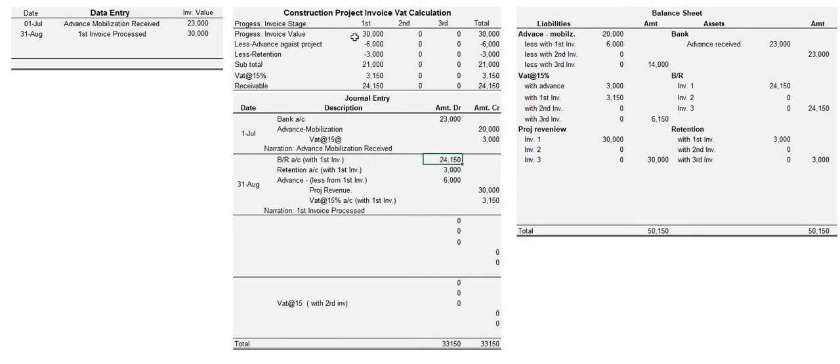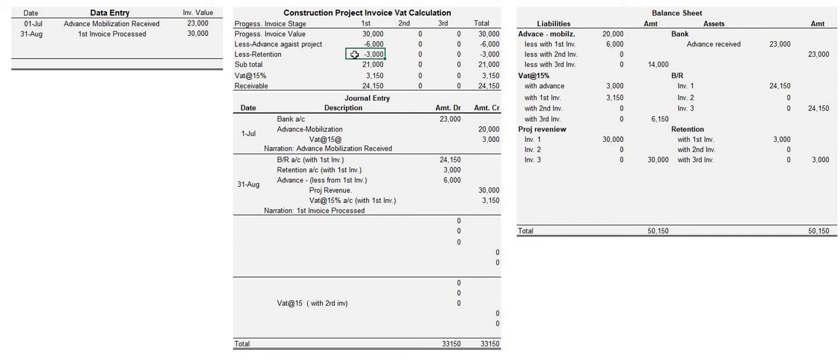You can see the chart here. Our first invoice value is 30,000, but we have already received 20%, so 20% of this 30,000 will be deducted. That is 6,000. And 10% of this 30,000 will go as retention.